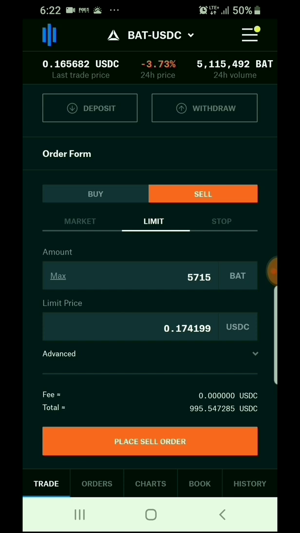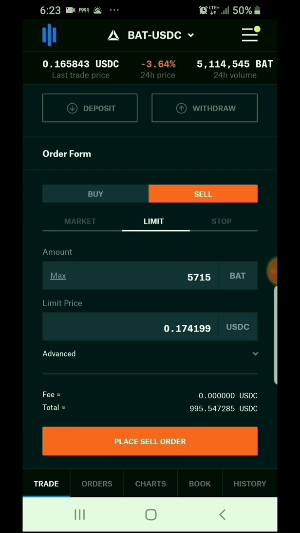Now, as you can see, I forgot to show you on the screen. You see that the orange side is lit, so it's when the sell tab is active. It's going to be a limit order. I have 5,715 BAT coins or tokens.